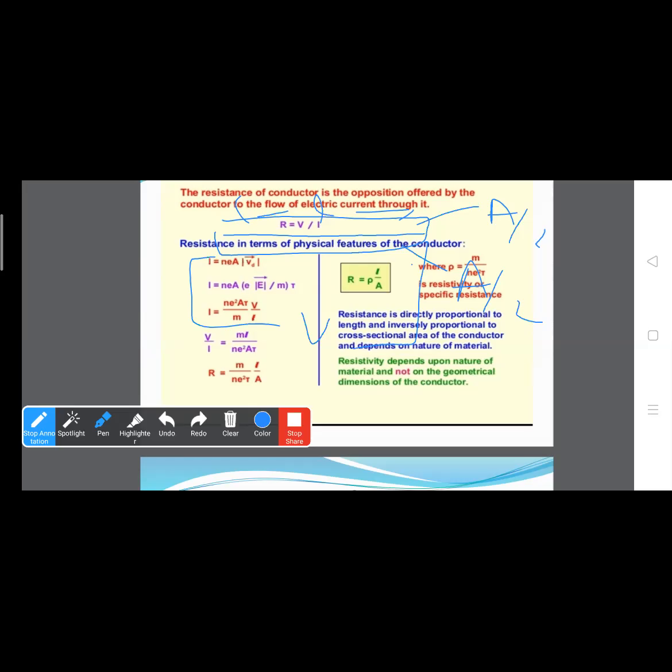The resistance of each half slab is given by R dash equals 2R.